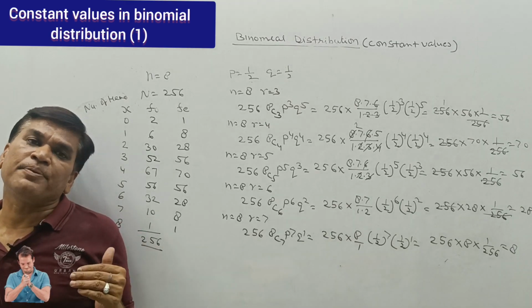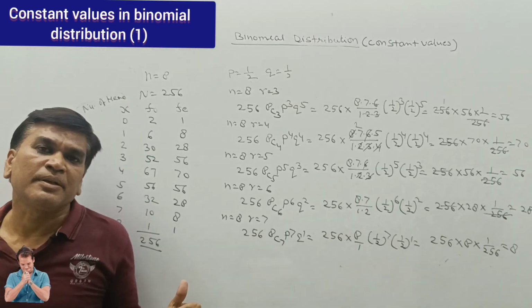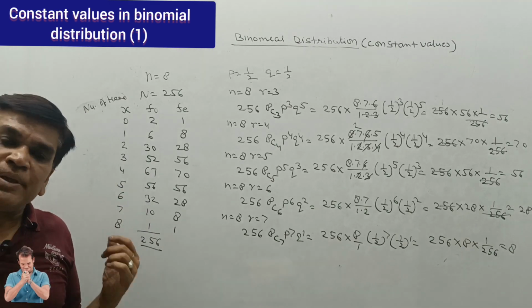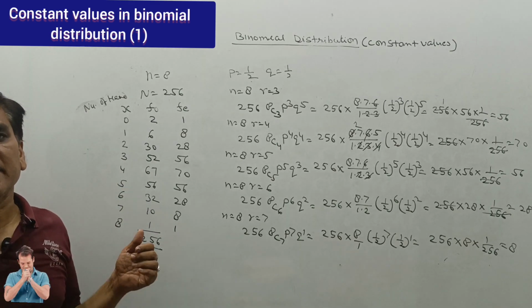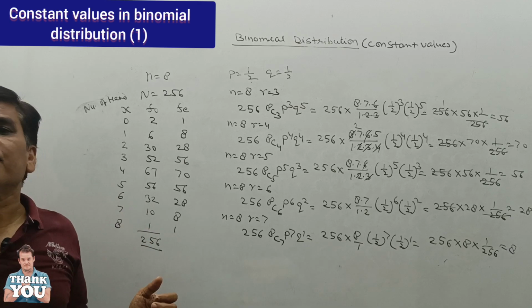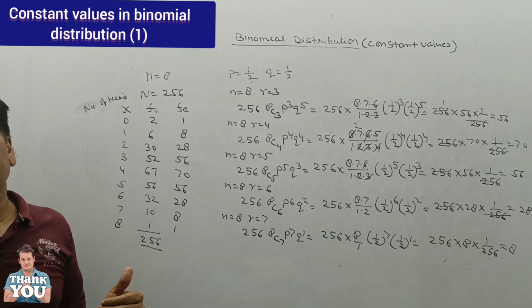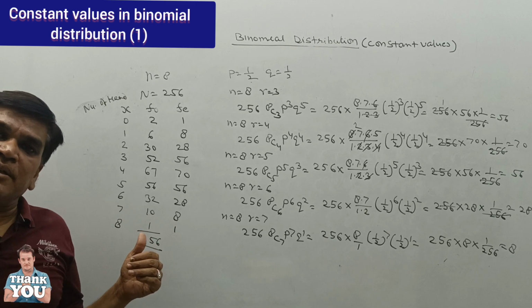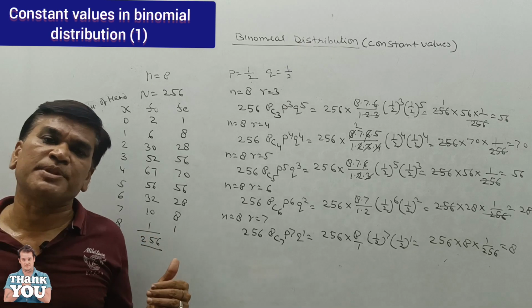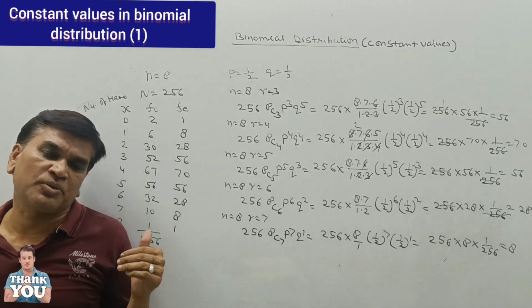So with the help of binomial distribution, we can calculate arithmetic mean, standard deviation, variance, the value of skewness, and measures of kurtosis also.